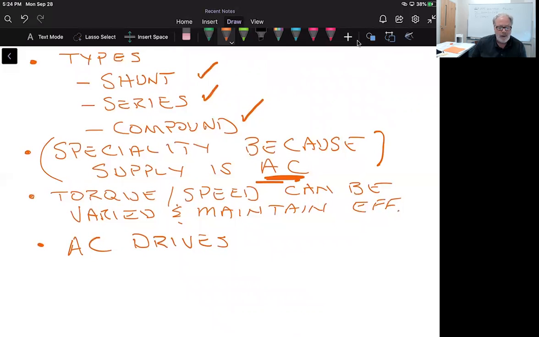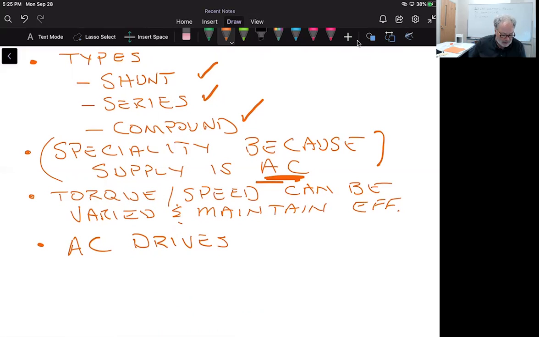So for there to be this DC application, it requires a conversion and availability of this DC current to be able to operate the machine. So it's specialty applications. You're looking at steel mills and mines, electric trains he mentioned, and those applications will have certain characteristics that we'll explore.